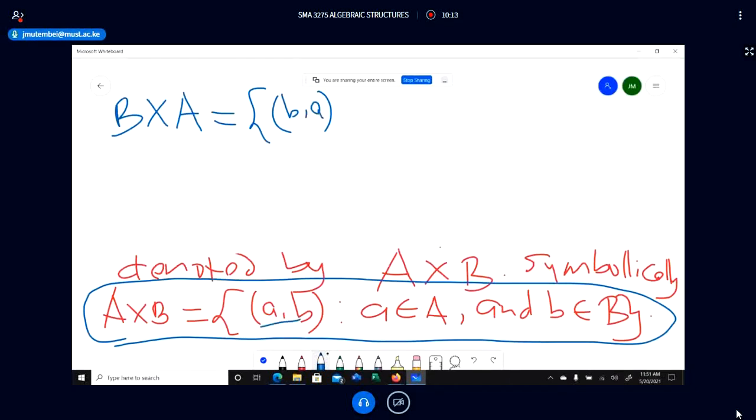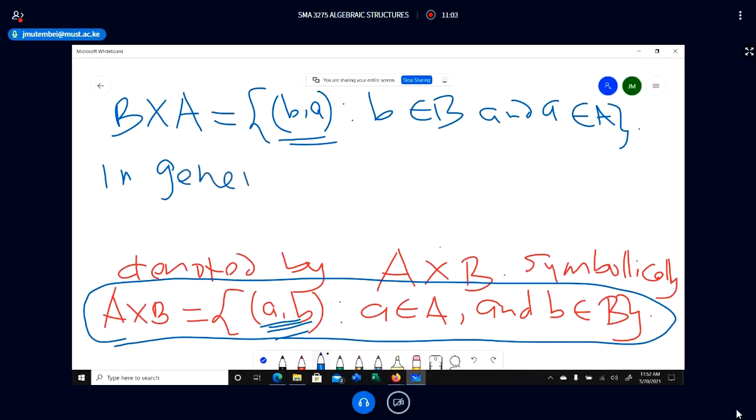Note we have reversed the order now: b comes from set B and a comes from set A. So you can see this operation is not commutative.